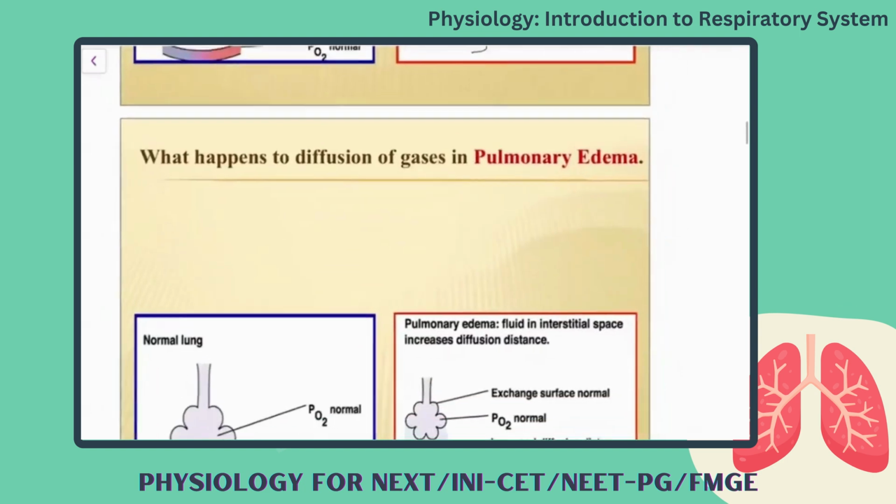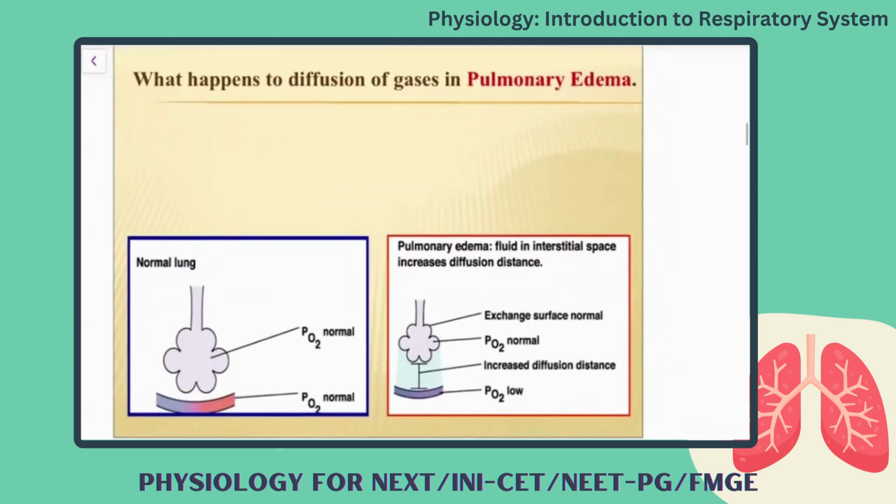And next you will see pulmonary edema. So in pulmonary edema, am I fast? Yes or no? Okay. In pulmonary edema, there is accumulation of fluid between the capillary endothelium and the alveolar epithelial membranes.